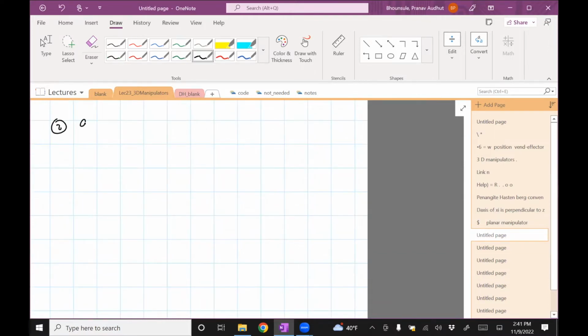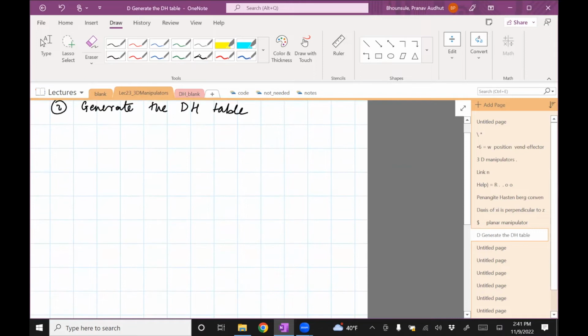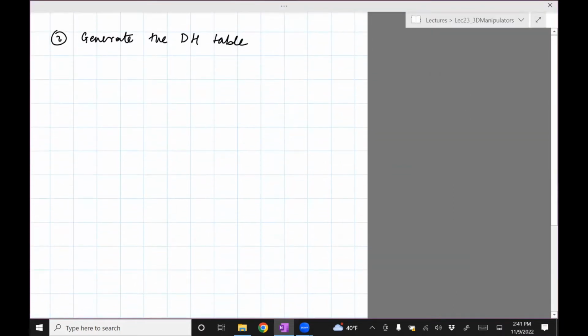So step 2. Okay, the DH table looks like this. I've already put a copy there.